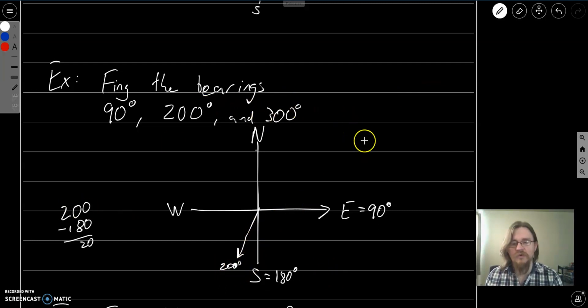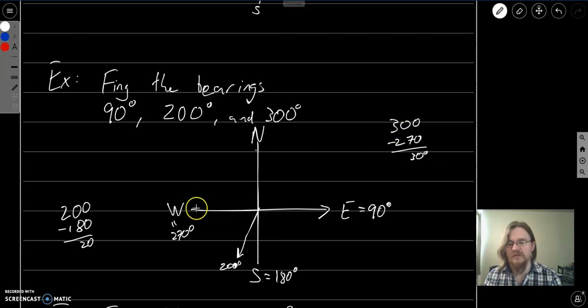And then a bearing of 300 as well. So again, east is 90, south would be 180, west is 3/4 of the way around, and 3/4 of 360 will be 270. So we can see that we're even past 270. And how far past 270 are we? That would be 30 degrees.